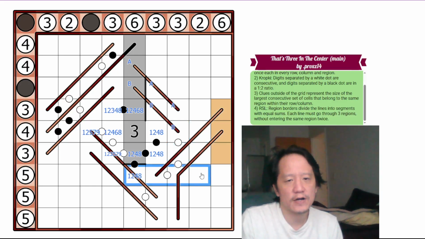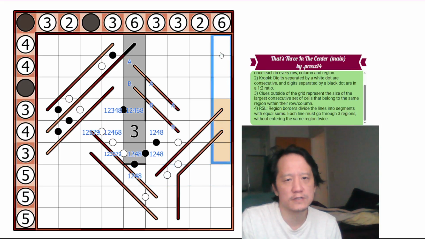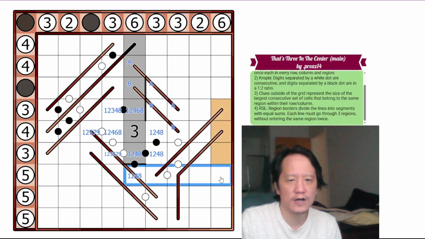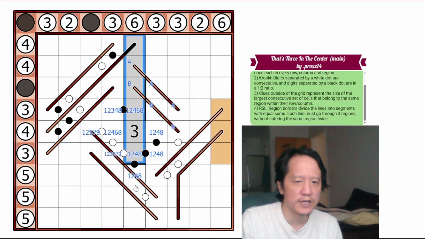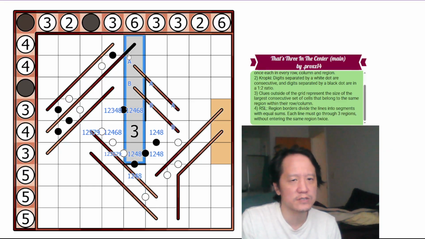If this is 5 this way, that means this is guaranteed 6 here. So what happens if that's okay? Well, 5, it cannot connect to. Oh. Well, but the thing is, we know this is guaranteed 5. That's why we knew this was 6 this way, right?